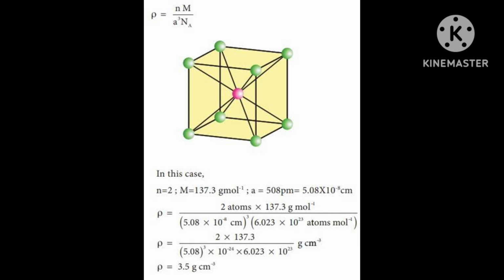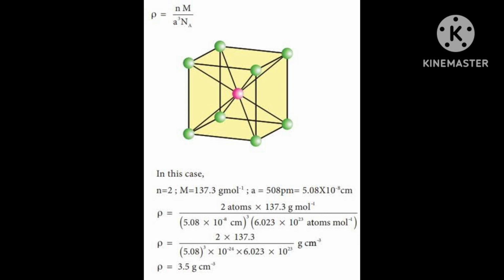Because one atom's volume you know and the total volume you know. 28.88 is the total volume of 208 gram of the element, and one atom's volume is 2.39 into 10 to the power minus 23 cubic centimeter.